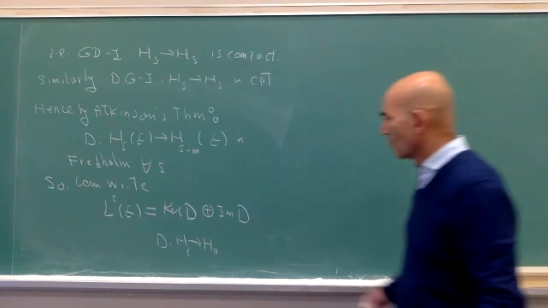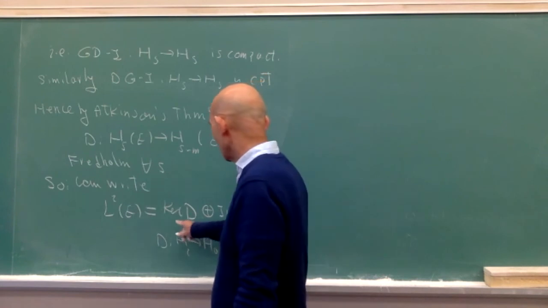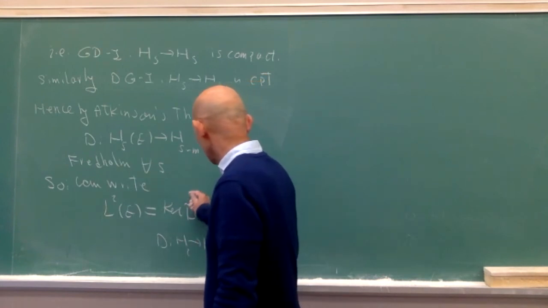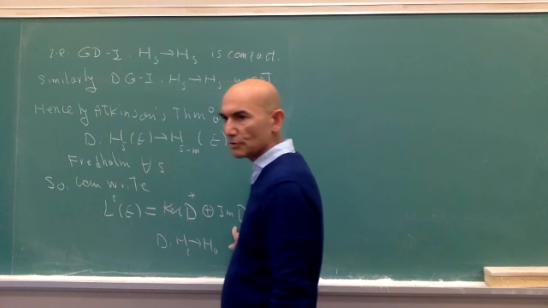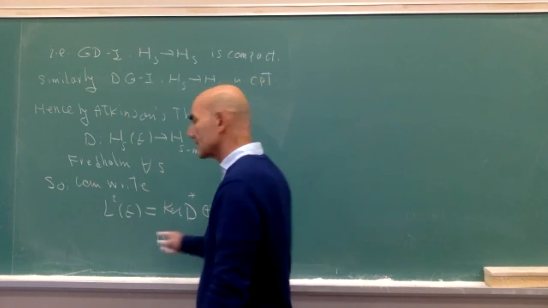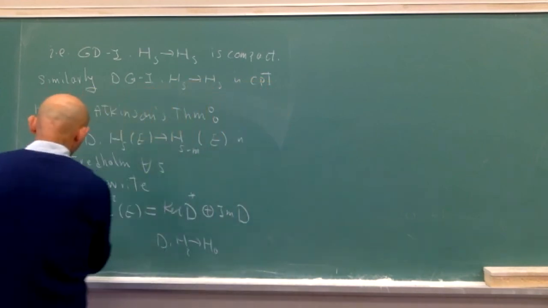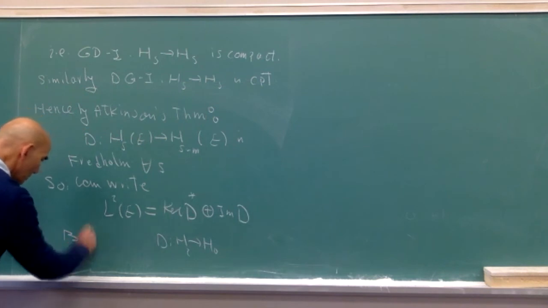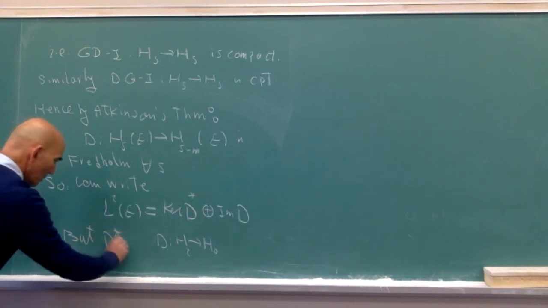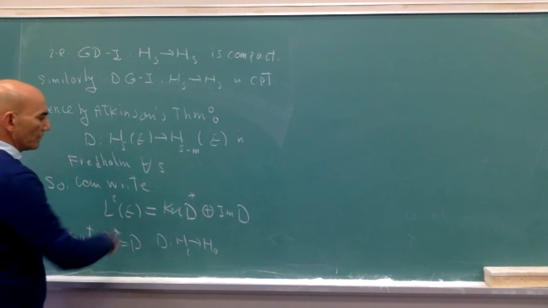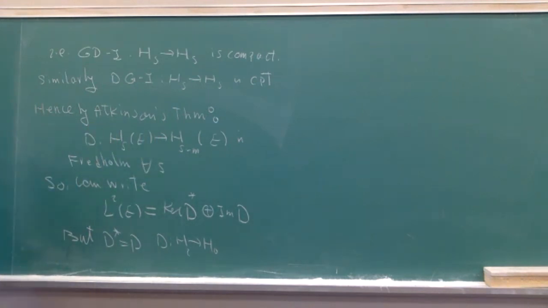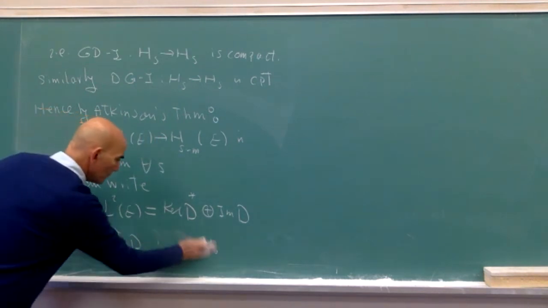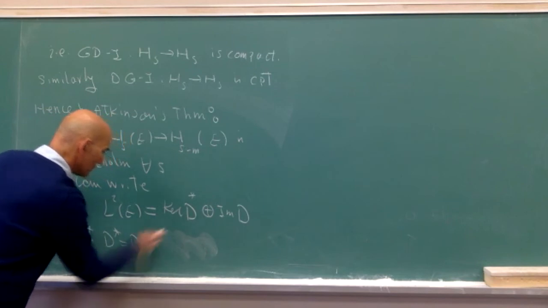First of all, we have to write this as kernel of D star direct sum image of D in general, but D star is equal to D. So then we get that statement that we wanted.